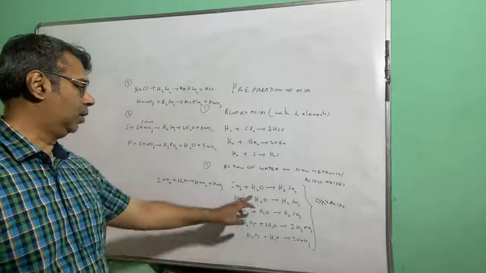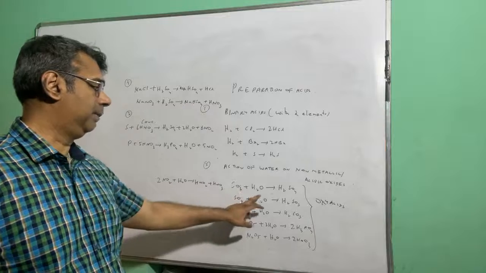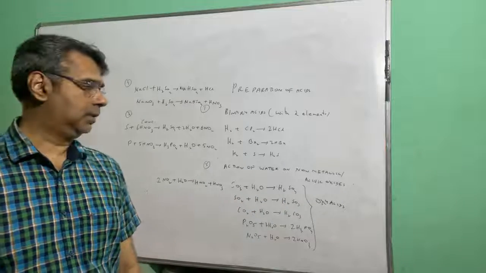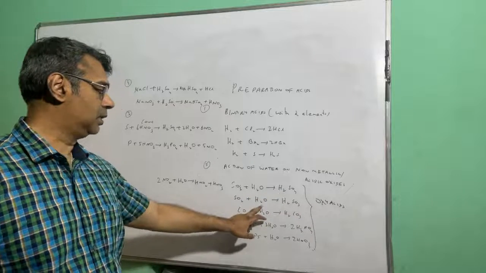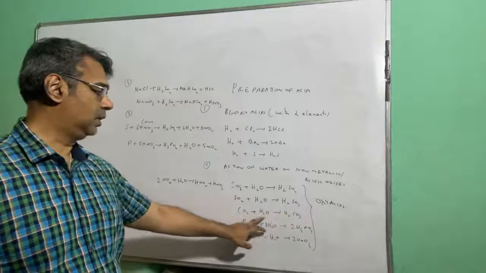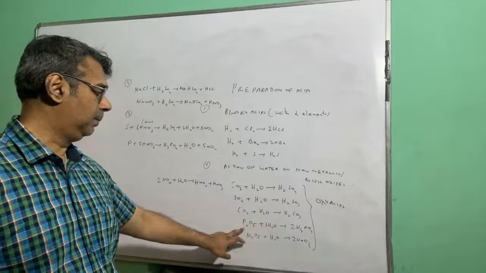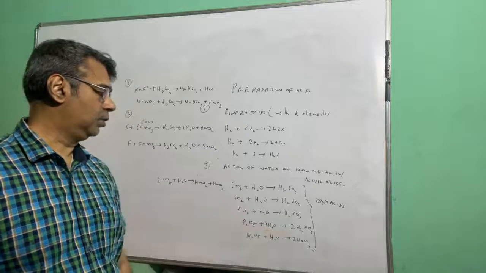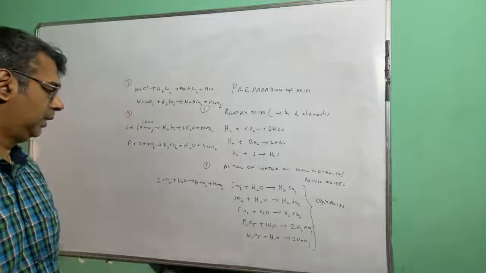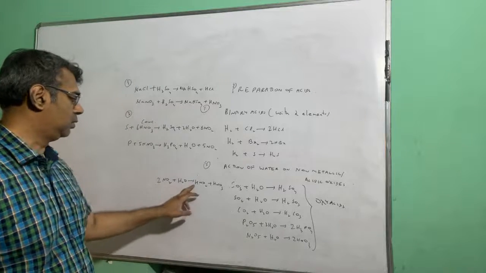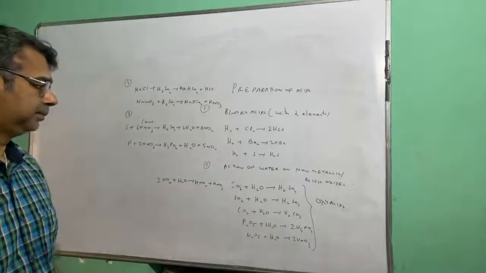So if you make water react with an acidic oxide, then also you will get an acid. SO3 plus H2O is H2SO4, SO2 plus H2O is H2SO3, CO2 plus H2O is H2CO3, P2O5 plus 3H2O is 2H3PO4, N2O5 plus H2O is 2HNO3, and 2NO2 plus H2O is HNO2 plus HNO3.